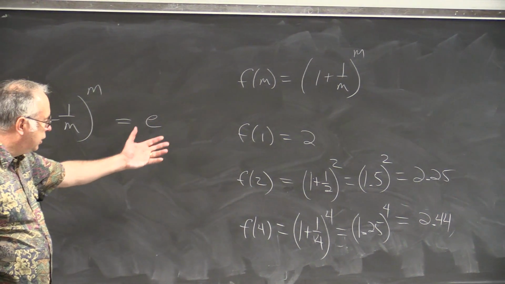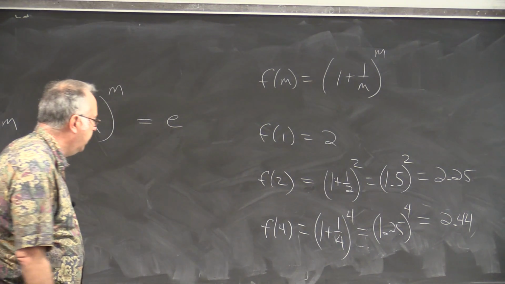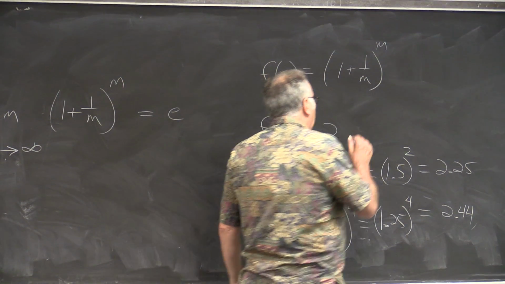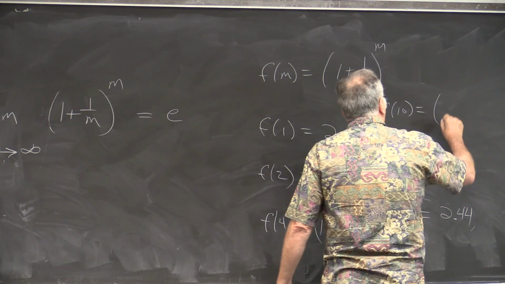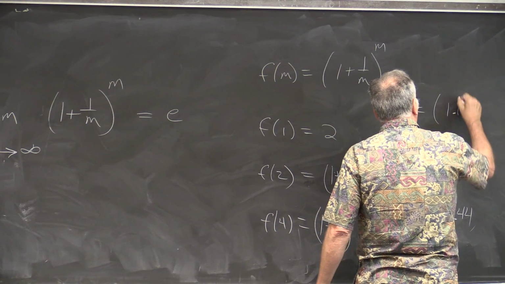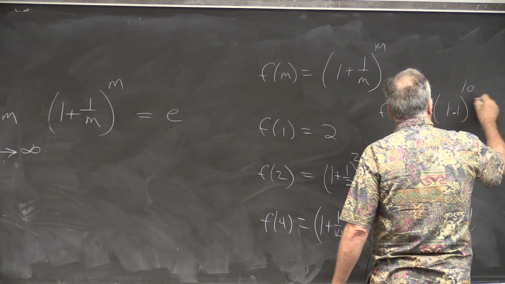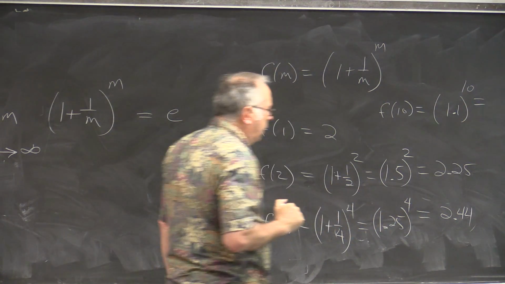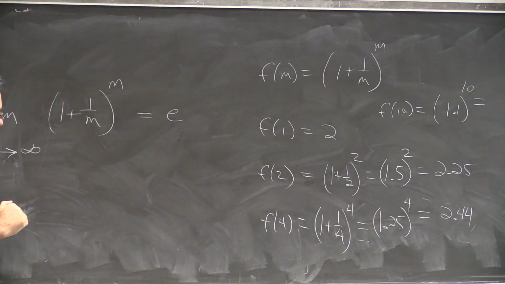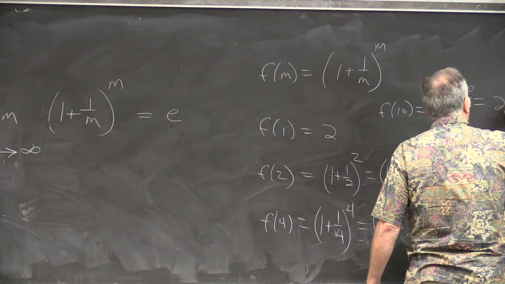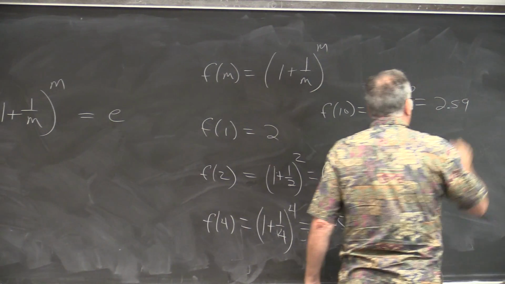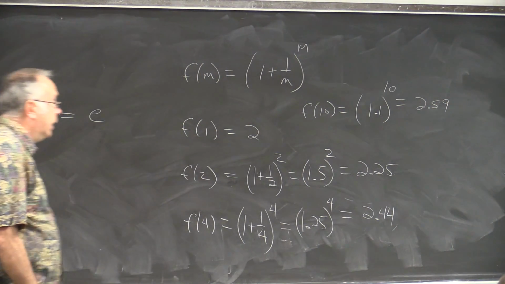Suppose you took, let me just do one more. You can actually help me with this one on your calculator. What is f of 10? That would be 1.1 raised to the 10th power. What would that be? 2.593. Okay. You know, it's getting bigger and bigger.